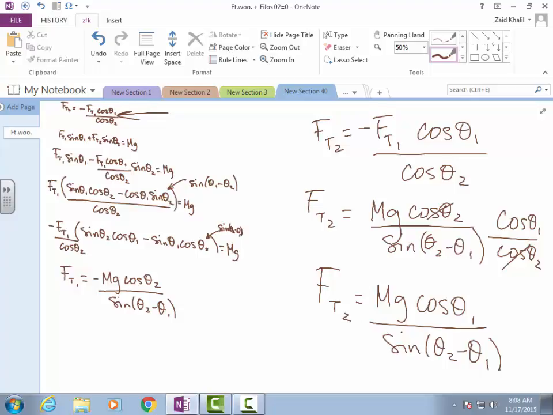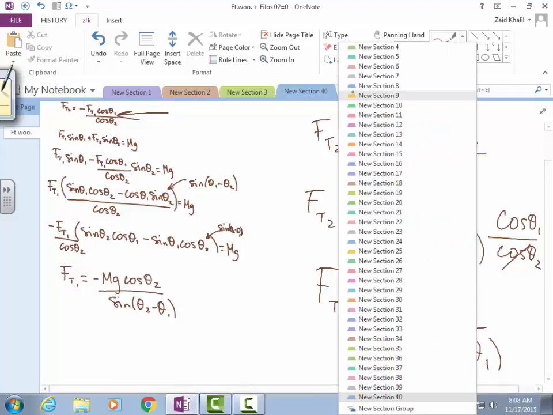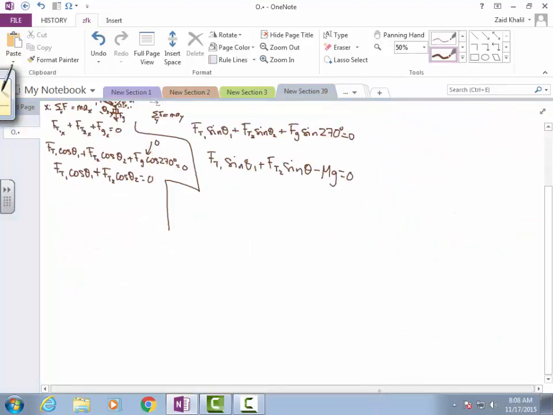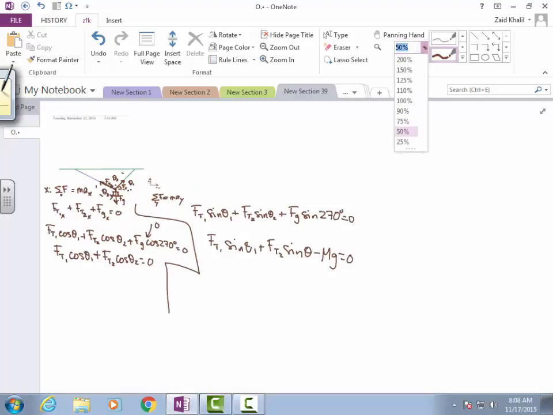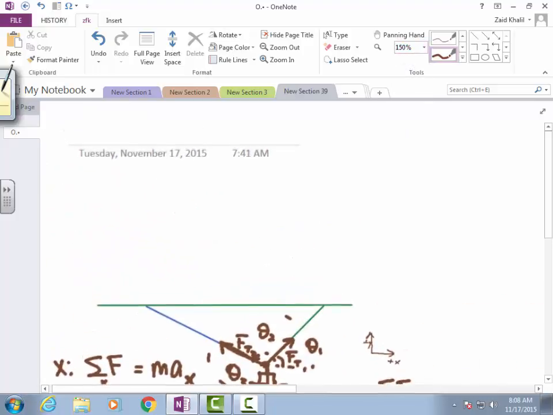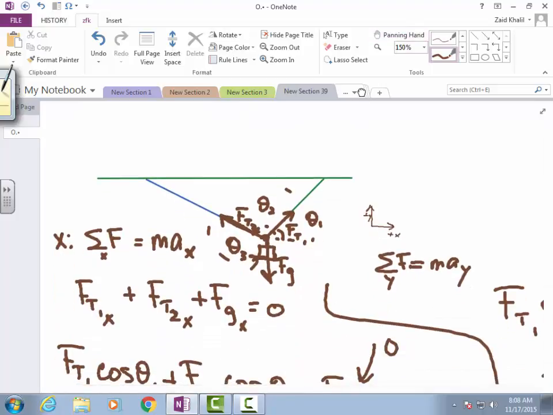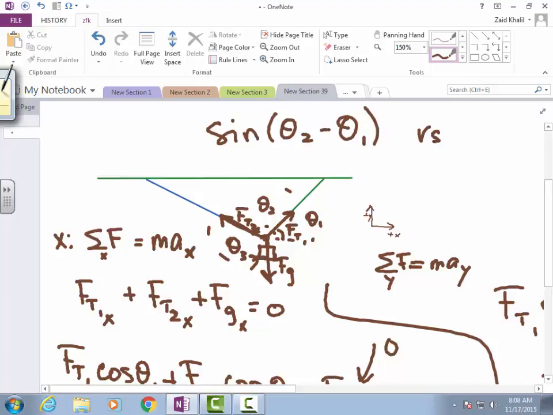Be careful, that's theta 2 minus theta 1. Let's go back to the drawing. Because now the question is, why exactly did Mr. Khalil change the sign? In other words, why did I want to find this versus this?